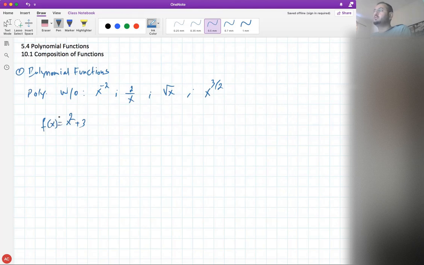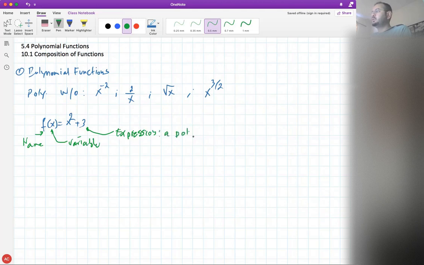So as we saw last time from the function notation, this is the name of the function. This is the variable. And of course, this is the expression. So the expression here is a polynomial.